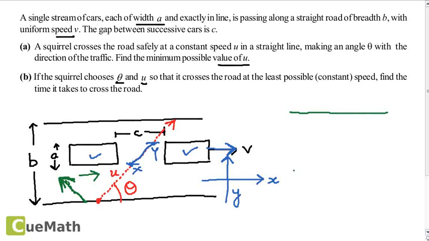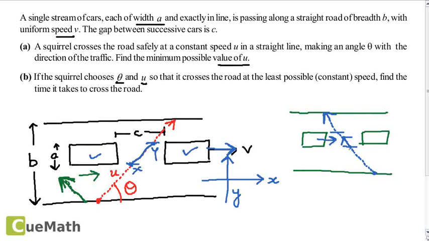So we have this road and we have this stream of cars, right? And assuming that the squirrel was moving so that the x component of its velocity was anti-parallel to the movement of the cars like this, the risky part is this segment, right? Now the cars are moving this way and the squirrel is going this way.